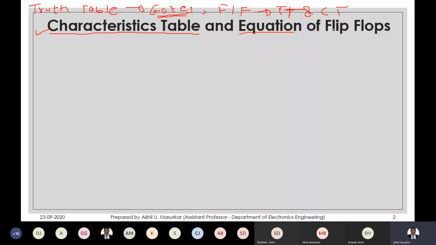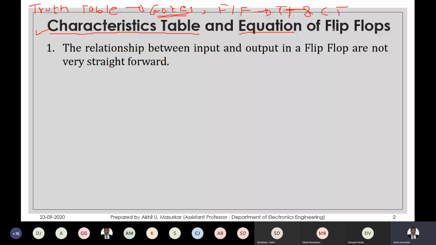First thing, in a flip-flop the relationship between input and output is not very straightforward. That means it is difficult to write Q is equal to something in terms of S and R or J and K. For example, in gates we used to write Y is equal to A dot B. Now we want to write the output in terms of SR and JK, something like that.